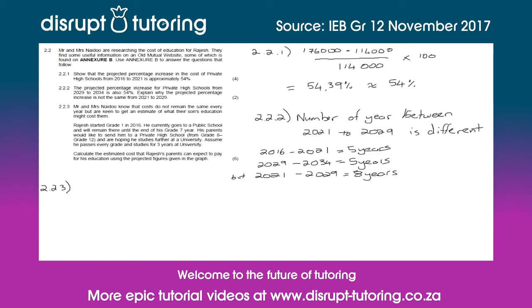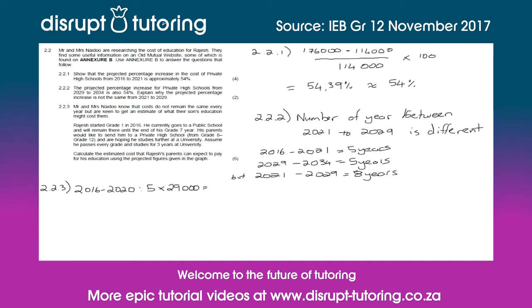2.2.3, as I said, from the years 2016 to the end of 2020, he will be at a public primary school, and this means he'll be there for 5 years in this period, because 2016, 17, 18, 19, 20, that's 5 years, times the graph says it's 29,000 Rand for those years.